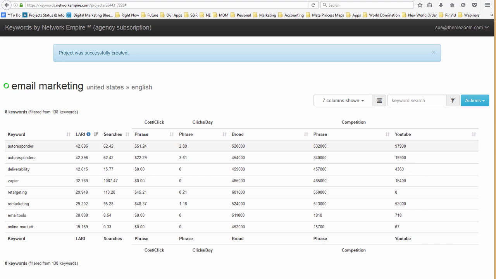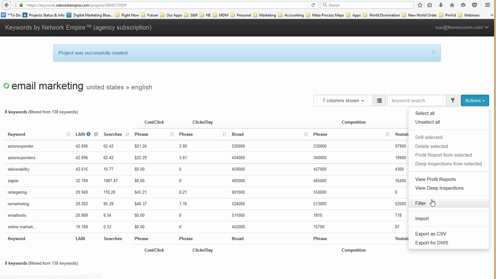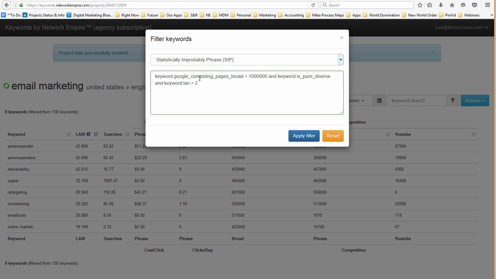Now let's just take a look at this filter and see how it works, because it's kind of a cool filter. So what it's looking for is a very specific number of pages, a low number of competing pages. It's looking for keywords that are pure diverse. In other words, we don't want email marketing in there. There's no long tails. And we're looking for keywords that have a Larry greater than 2.